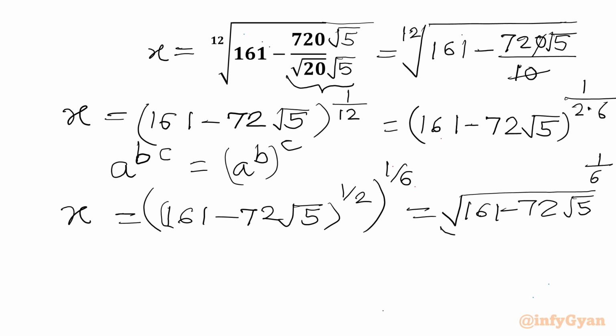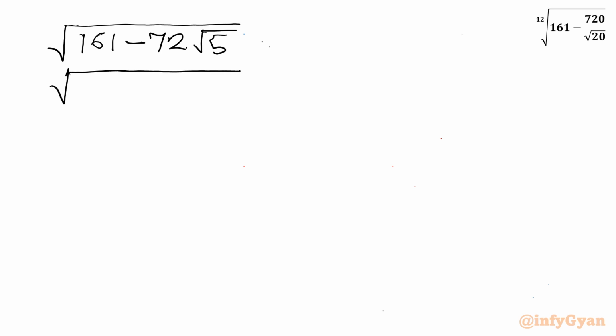So let us calculate this square root value first. Let me write here square root 161 minus 72 square root 5. Now I can split this 161 as 81 plus 80, then minus 72 square root 5.